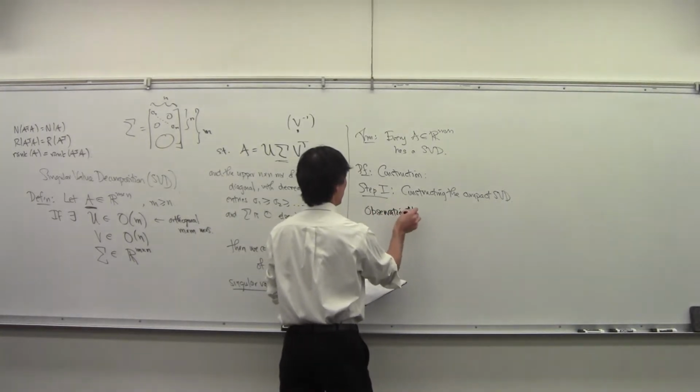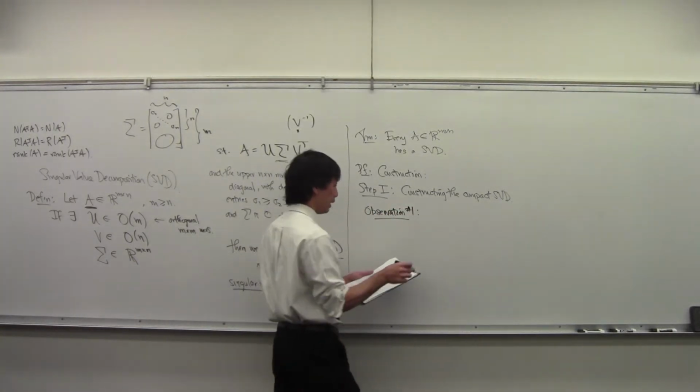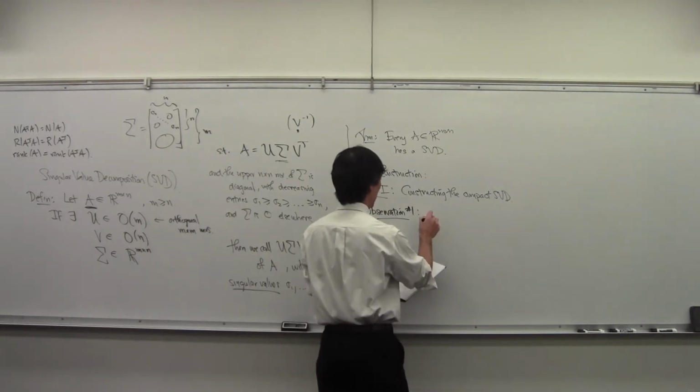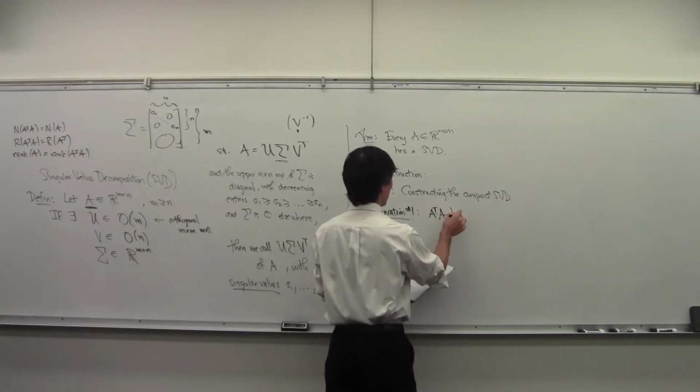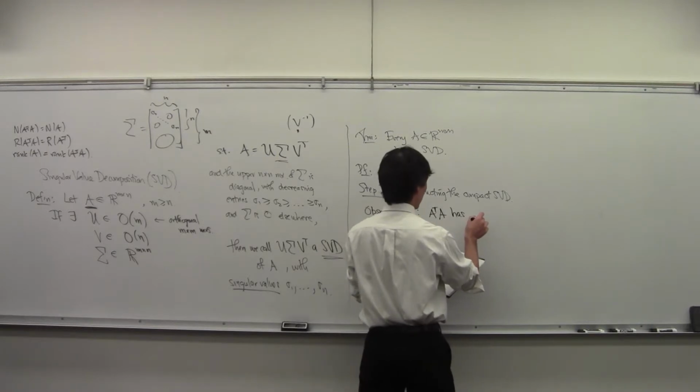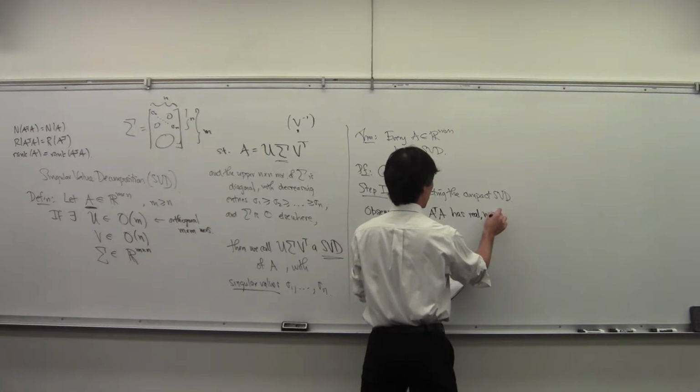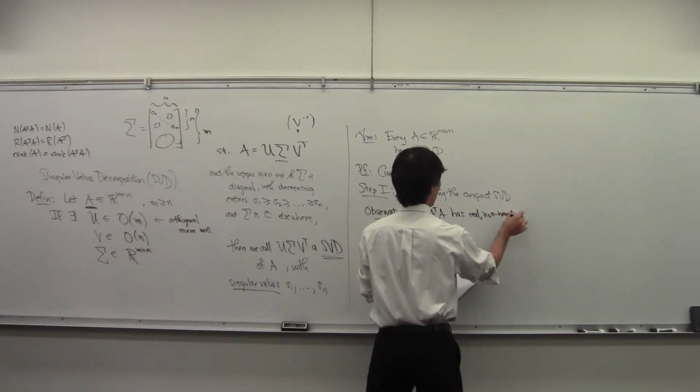Observation number one is that A^T A has real non-negative eigenvalues.